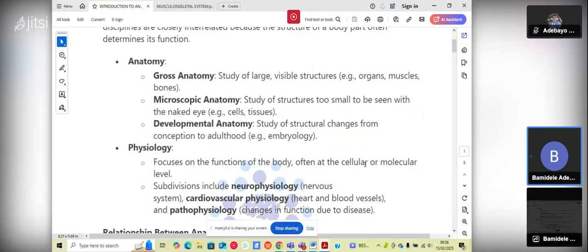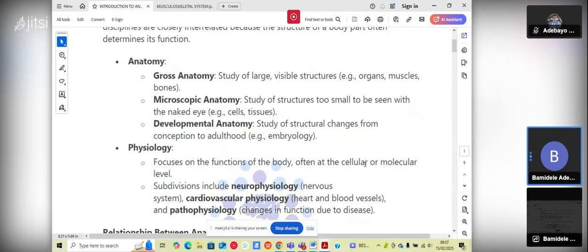Like the organs, you can see the muscles, you can see the bones. Those are gross anatomy. You do not need a microscope or any kind of enhancement to appreciate what you're looking at.